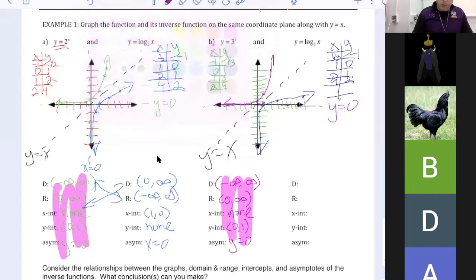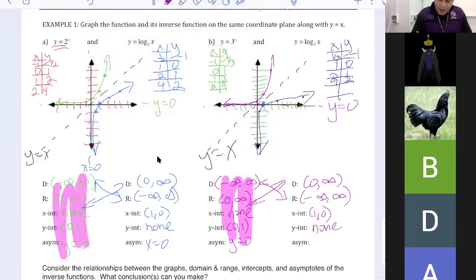And more importantly, it's a lot easier to answer these questions because they're just inverses of each other. My domain is 0 to infinity. My range is negative infinity to infinity. My x-intercept is 1, 0. My y-intercept is none. And my asymptote is x equals 0.